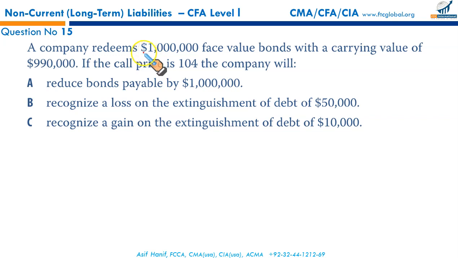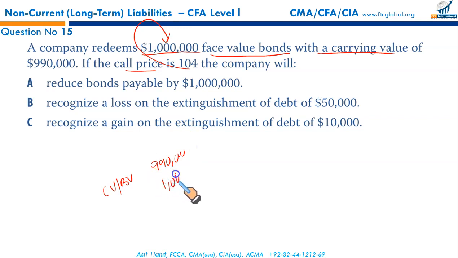A company redeems 1 million face value bonds with a carrying value of 990,000. This is the value in your books, book value or carrying value. And the call price, the price that we pay if we want to redeem, is 104. That is 1.04 times the face value, that is 1,040,000.